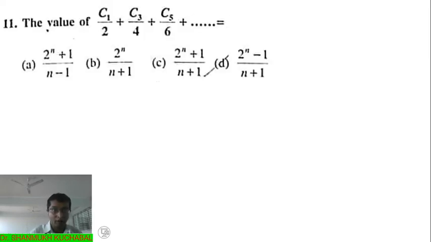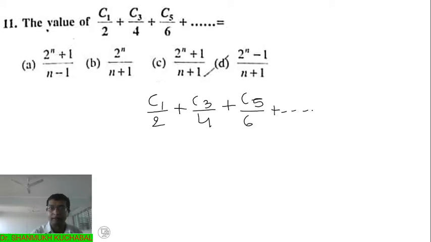The value of C1 divided by 2 plus C3 divided by 4 plus C5 divided by 6 and so on is equal to. Okay. This is one standard formula. I write it; you have to remember this one. C1 divided by 2, C3 divided by 4, C5 divided by 6, up to an infinite number of terms or n terms.